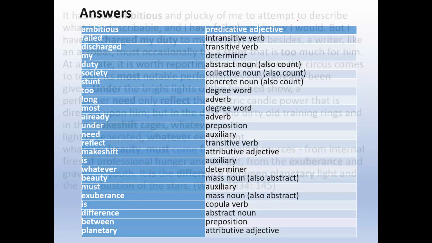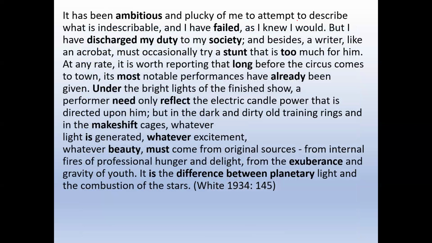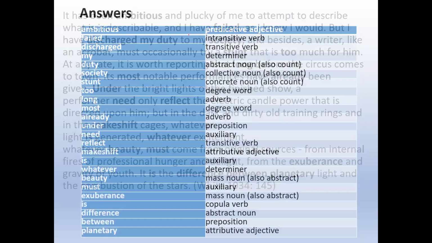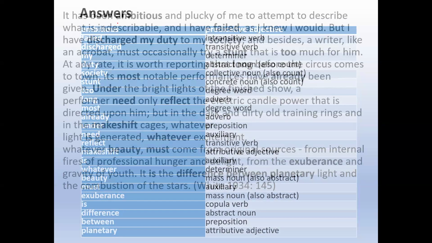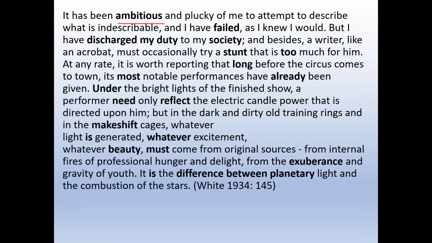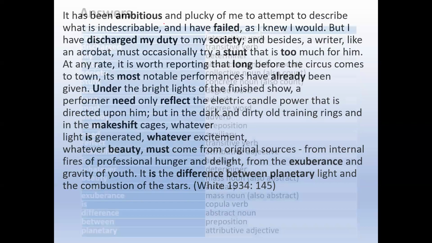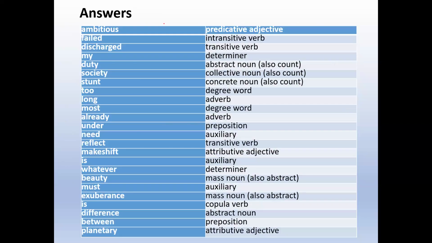So you can check from the paragraph how these words have been used, the basic word class categories, right? And then in detail, ambitious is used as a predicative adjective. It has been ambitious. It's not the time for me to explain these subcategories.